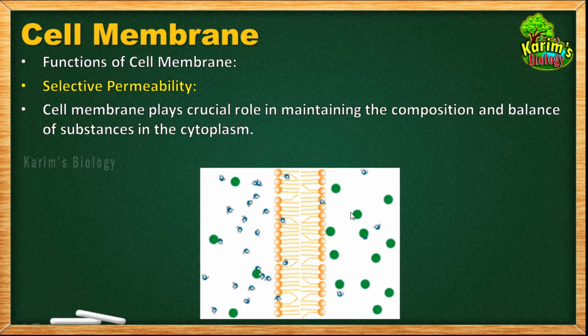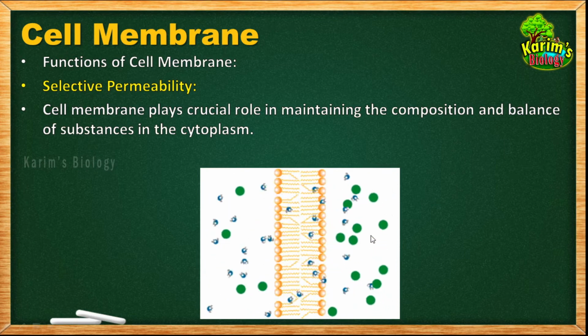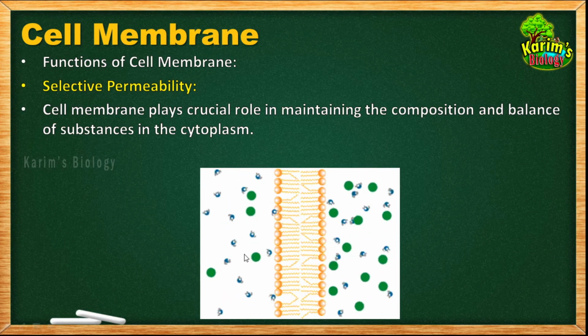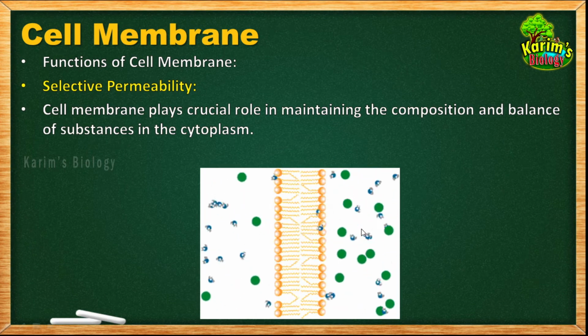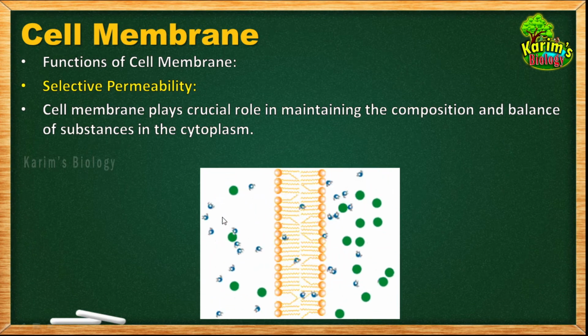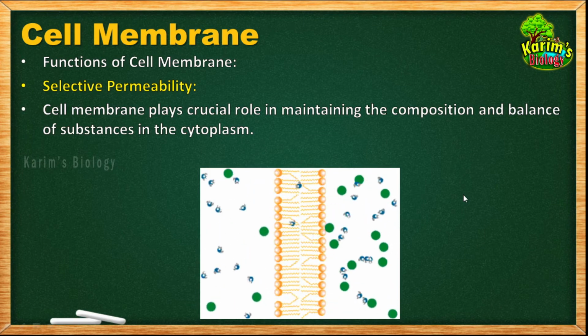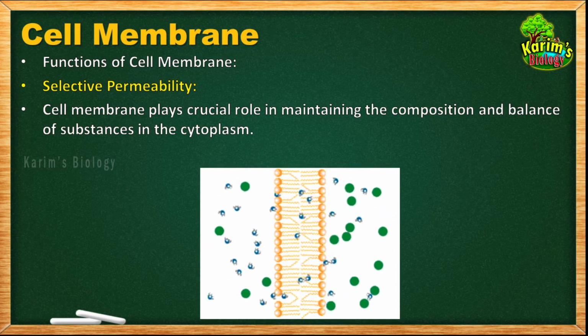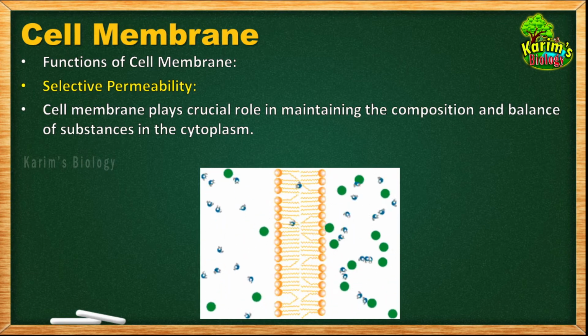And there are some ions such as potassium, chloride, calcium. There may be some ions which may not be required in the cytoplasm. When those ions are there outside, if they are allowed into the cytoplasm, the composition of the cytoplasm may be disturbed. Children, remember that within the cytoplasm already certain chemicals are there, and if excessive chemicals from outside enter into the cytoplasm, the composition will be disturbed.